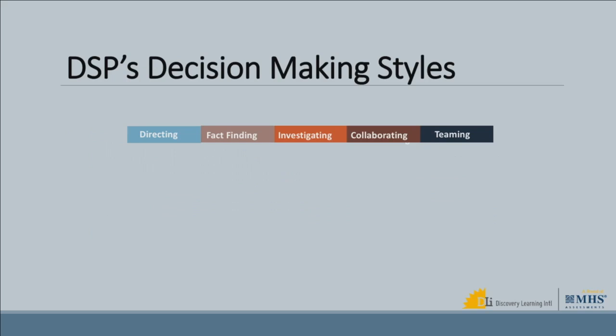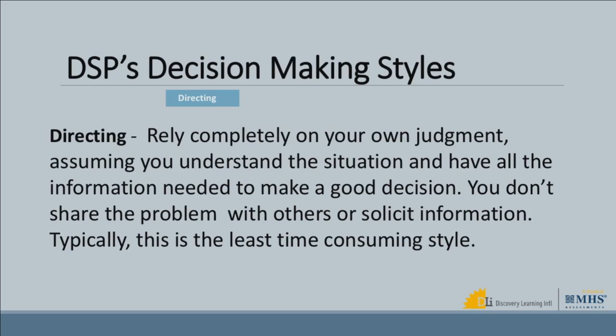The decision-making styles are directing, fact-finding, investigating, and collaborating and teaming. So let's talk about what those things are. You have access to these slides if you would like, of course, to download these and have them.